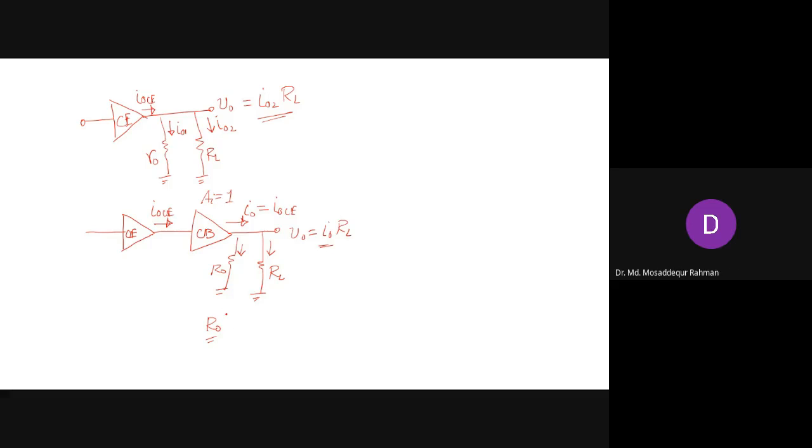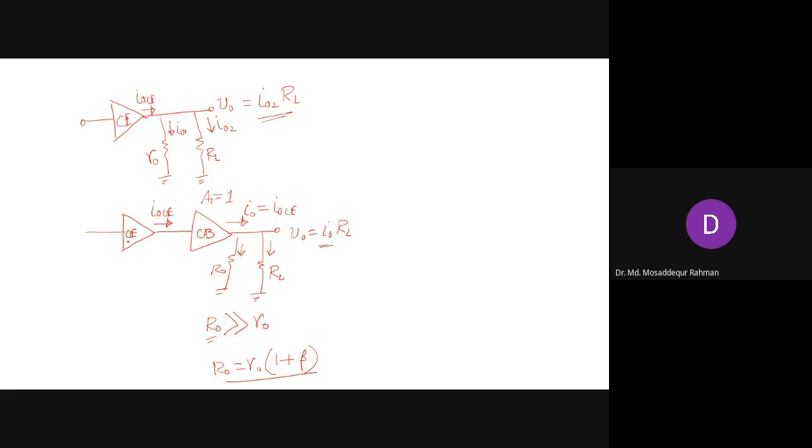This R naught is much larger than the small R naught in the common emitter. As we have shown, it will be almost R naught times 1 plus beta, so it will be at least 100 times larger than this one. So the current will reduce by at least 100 times, and that is how we get the whole of the current.